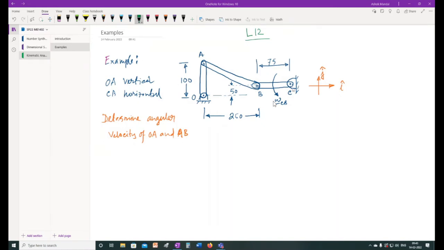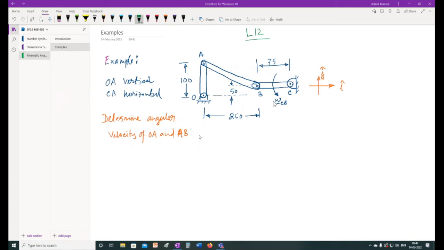All other dimensions are given. We need to find out the angular velocity of OA and AB, and then we will find out the angular accelerations of these two links OA and AB.